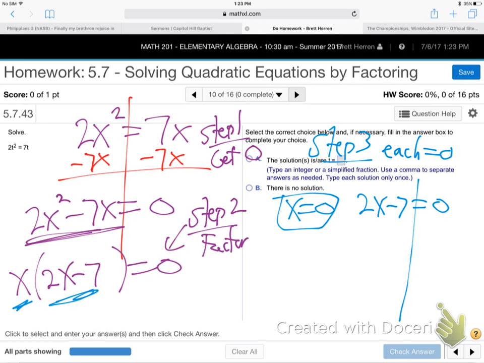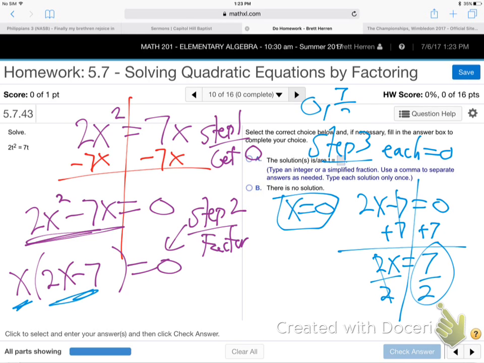The other one, we need to finish getting x alone over there. Right? Add 7 to both. Divide by 2. 7 halves. The answers are 0 and 7 halves.